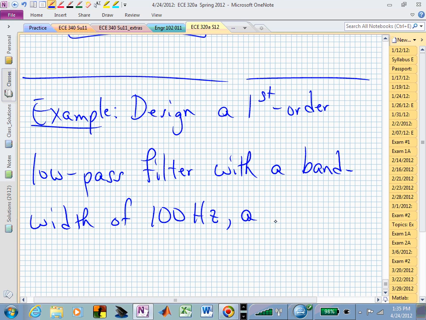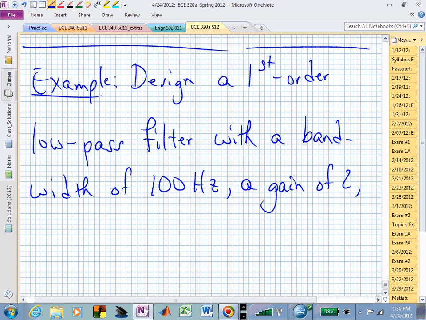We want to have a gain of 2, and we want to use a 1 microfarad capacitor. So that's now what we want to do.